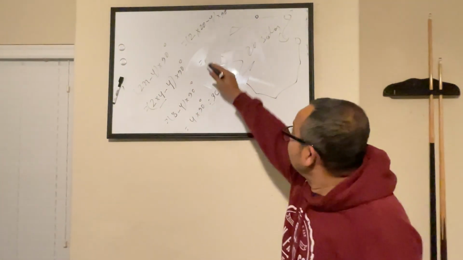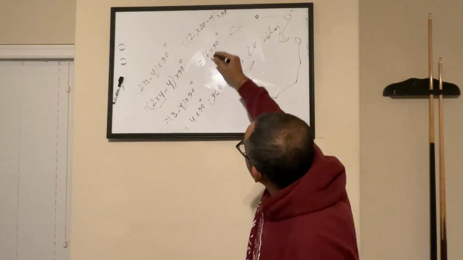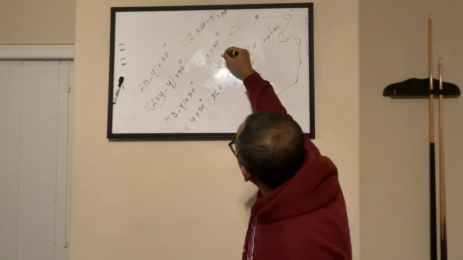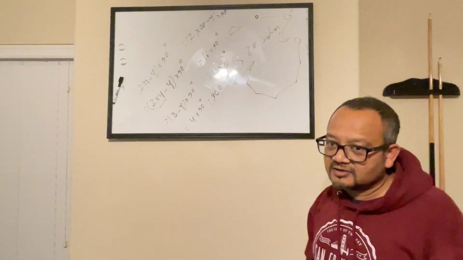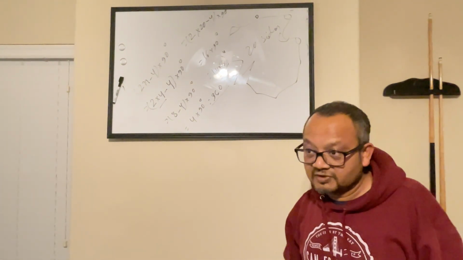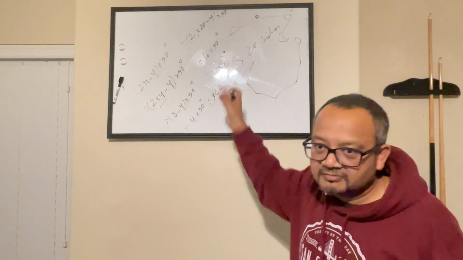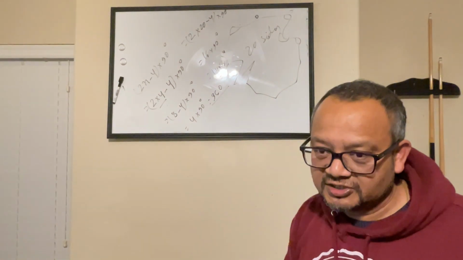This is my answer: 36 into 90 is 3240 degrees. And you can use that for a pentagon, hexagon, whatever. Just apply n as the number of sides, and this will tell you what the total angle would be. And that will never change.